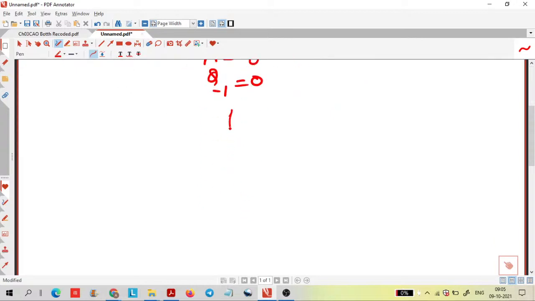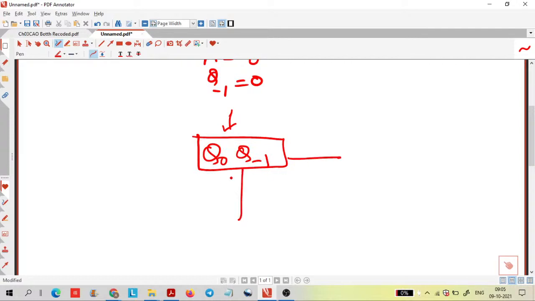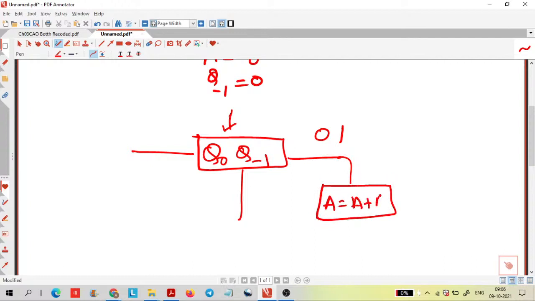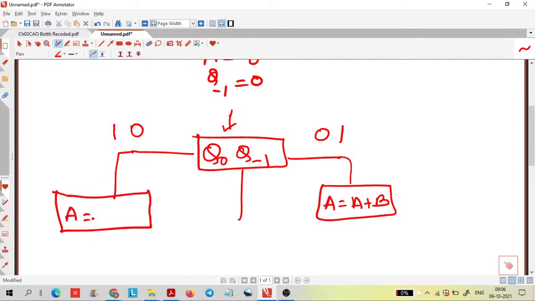Once we initialize, we compare Q naught and Q minus 1, and there are four cases. If Q naught and Q minus 1 are 0 1, you have to perform the A plus B operation, and if it is 1 0, then A minus B operation.